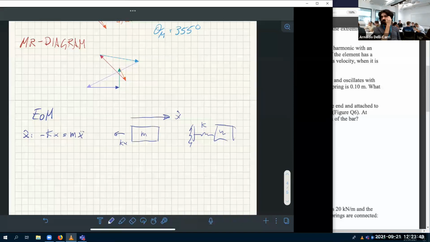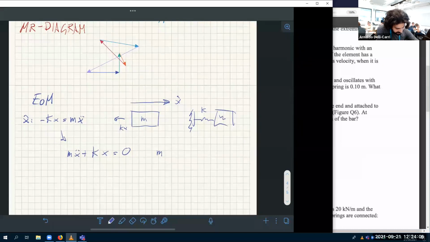Very easy. We can rearrange this to look like this. Agreed? And now, what is this? This is the second derivative. So I can write this as mass times the second derivative of x of t in dt squared plus kx of t equals 0.